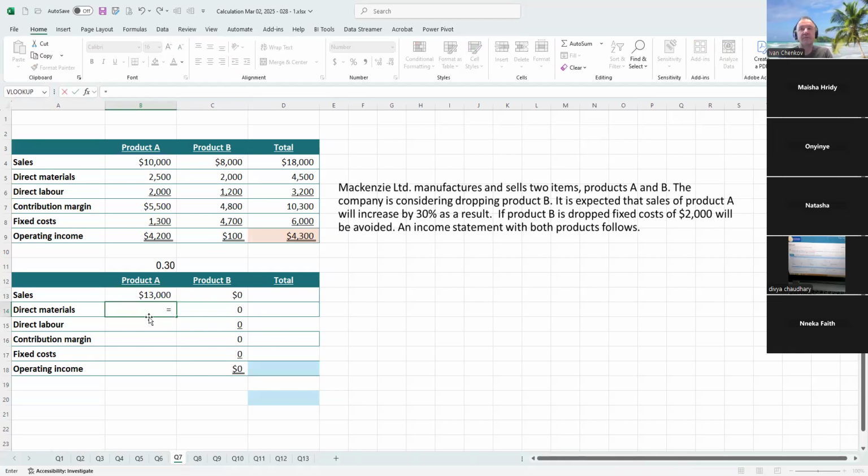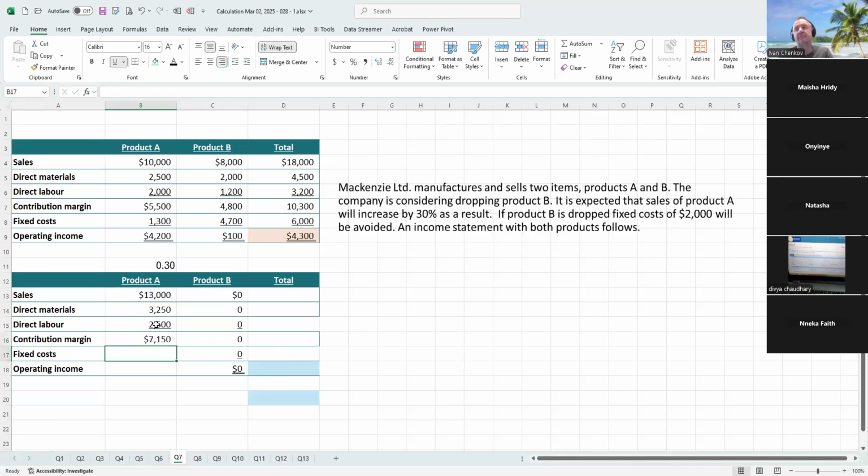We're increasing sales, and that's a variable cost. So that will be 2,500 times 1.3. Then 2,000 times 1.3. So how much will my contribution margin be now? This one minus this one minus that one.